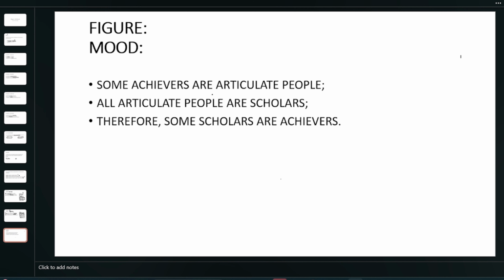Now for the final question. The middle term, as we can see, is on the right side, and the other one is on the left side.